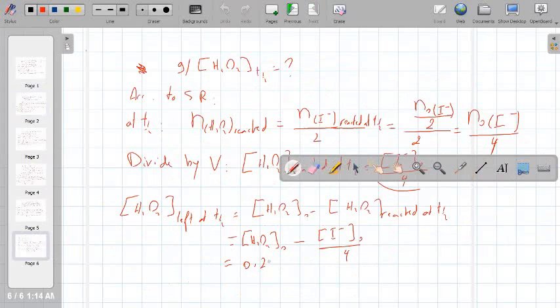Then 0.23 minus 0.045 over 4. The math gives the answer.